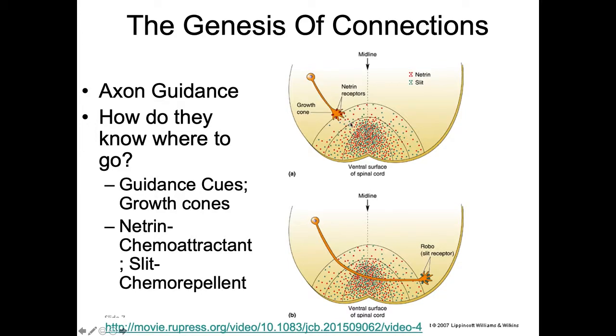So actin will polymerize more readily and stabilize more readily, and you'll have it drawn towards a particular direction.